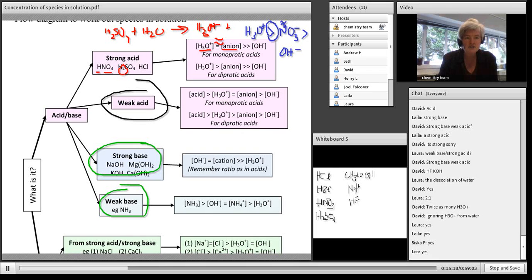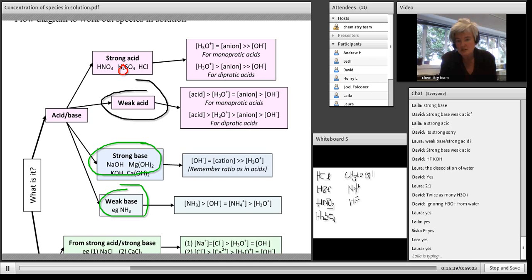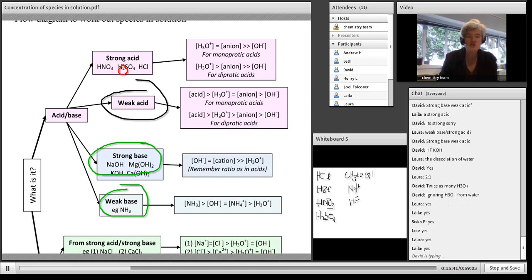Okay, let's look at the next one, which is the weak acid. The weak acid is something similar, except it doesn't dissociate completely. So if I had, for instance, HF, do I have any HF molecules in solution? Yes, because it does not dissociate completely.